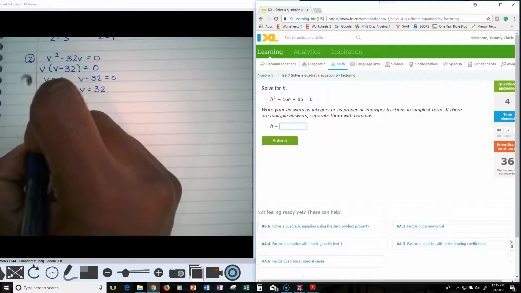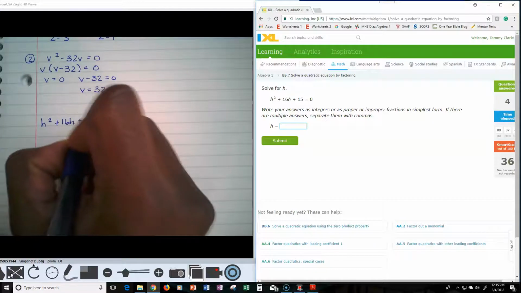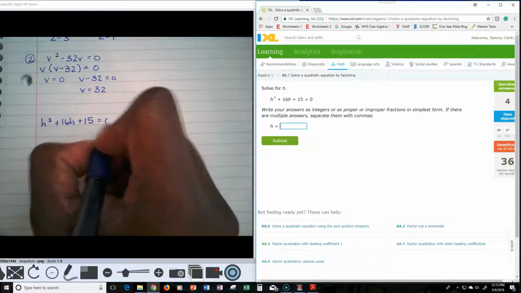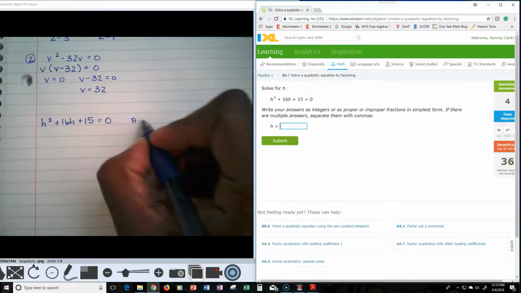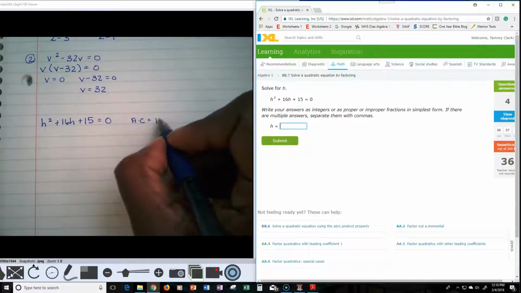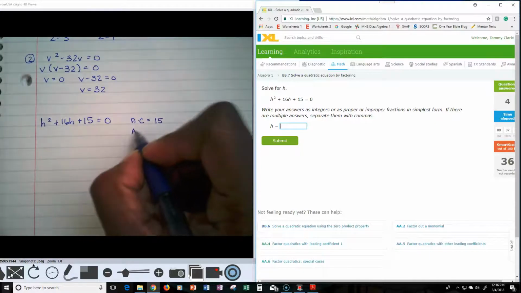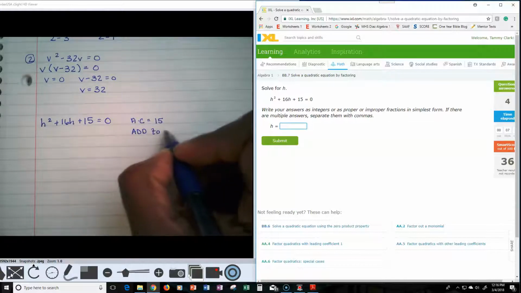All right, so here we've got h squared plus 16h plus 15 equals 0. We multiply a times c, and we get 15. We want the factors of 15 that add to 16.